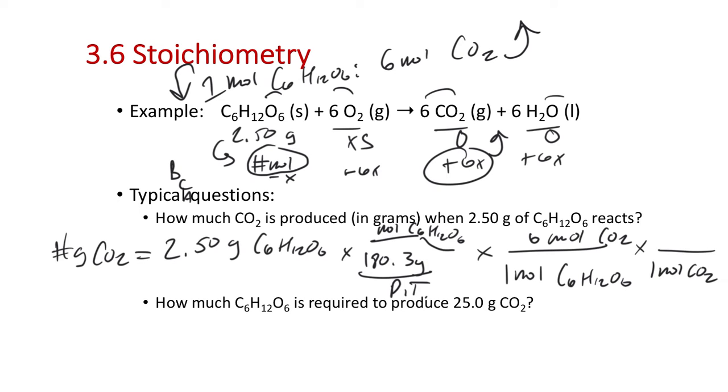And so if we want to go to grams, we just use its molar mass. So the number of grams per mole of CO2 is 12.01 plus 16 twice, so it's 44.01 grams. So 2.5 divided by 180.3 times 6 times 44.01. We're producing about 3.66 grams of CO2.